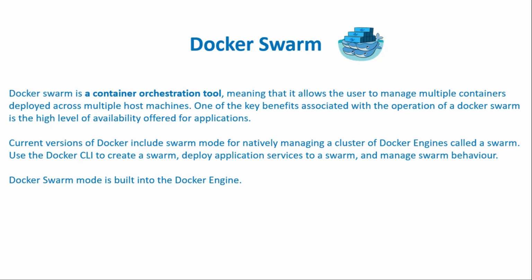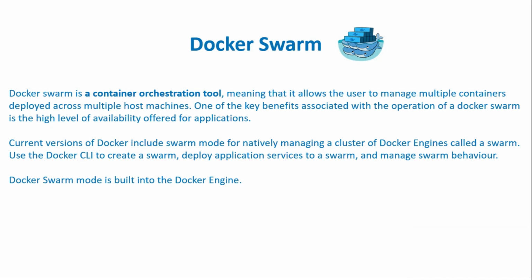Use the Docker CLI to create a swarm, deploy application services to a swarm, and manage swarm behavior. So with Docker Swarm, we can manage all the containers and Docker engines through the CLI.